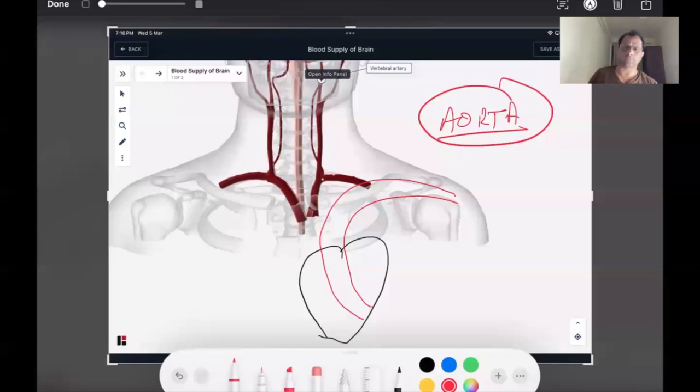A very thick pipeline which we call the aorta. This is the part which is called the arch of the aorta. From there, three branches come up. 1, 2, and 3.